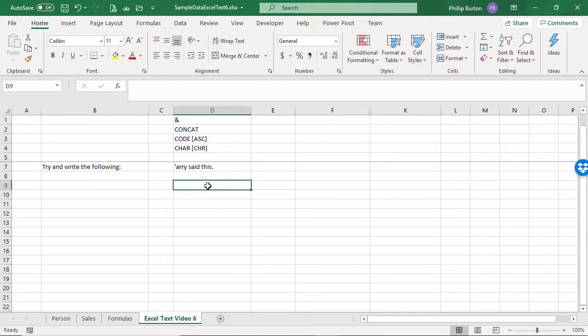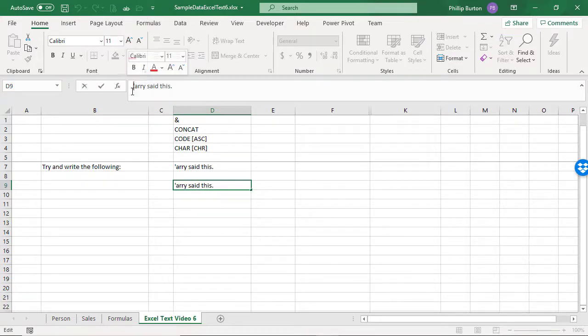Right, hopefully you've done that and you've come across the problem. So if I was literally to type this, 'Arry said this, notice what happens to the beginning apostrophe. It disappears. So why is that? Well, Excel internally uses an apostrophe at the beginning of a cell to indicate that what is coming up is text.